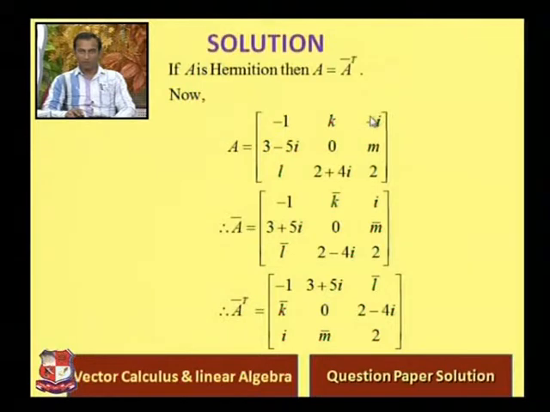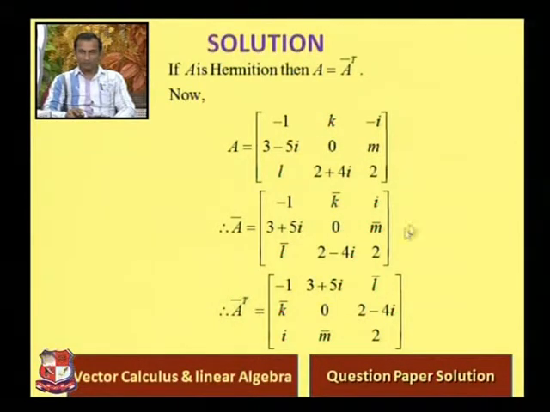Now minus i bar: we know that the bar of a complex value changes the sign of the imaginary part, so minus i becomes plus i. Similarly 3 minus pi i bar is 3 plus pi i. 0 is real, as well as complex, because 0 plus i 0 is 0.